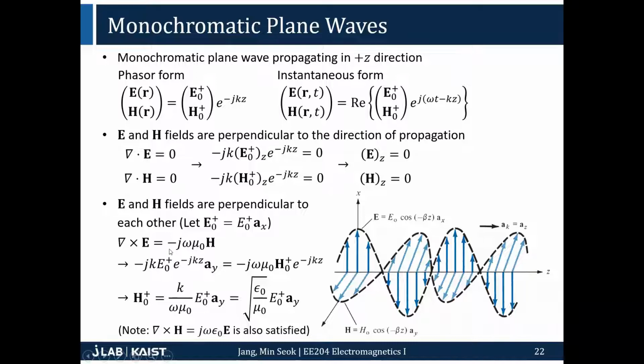If you apply it, H must be along the Y direction if E is along X. The amplitude ratio is E0 times k divided by omega mu naught. If you insert the definition of k, this term is the square root of epsilon naught divided by mu naught.